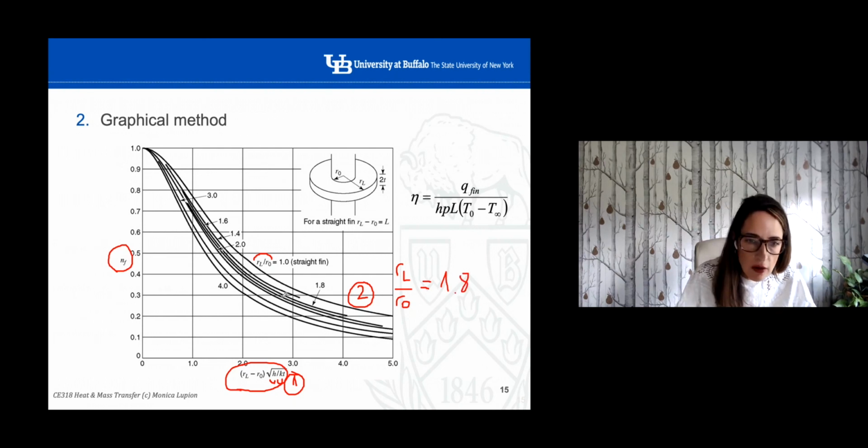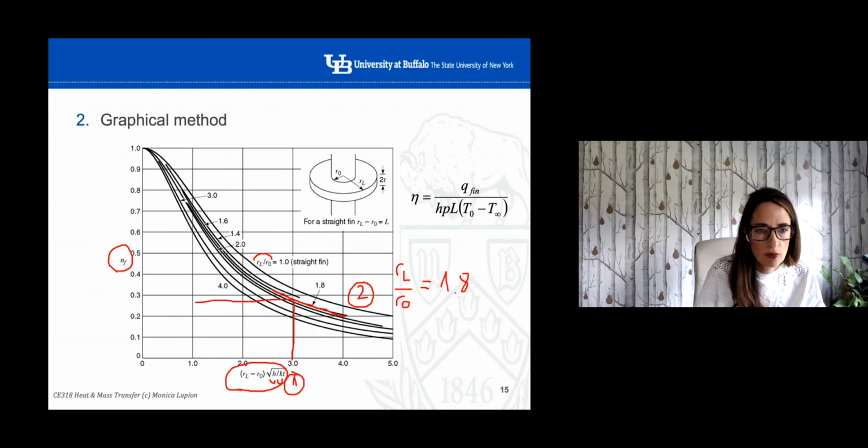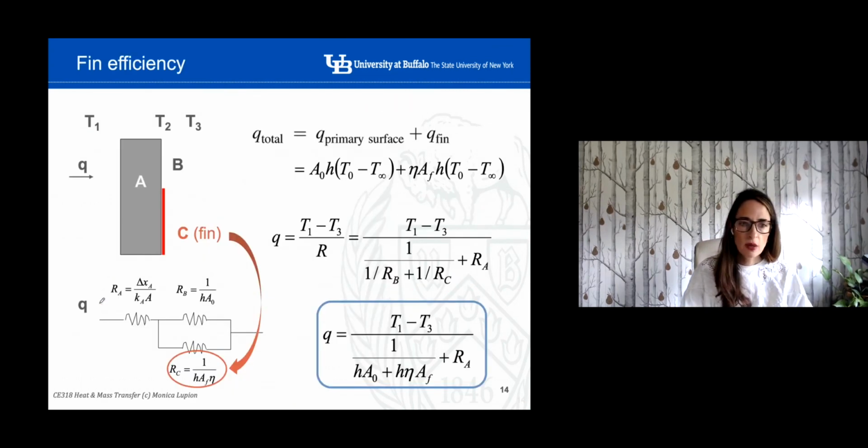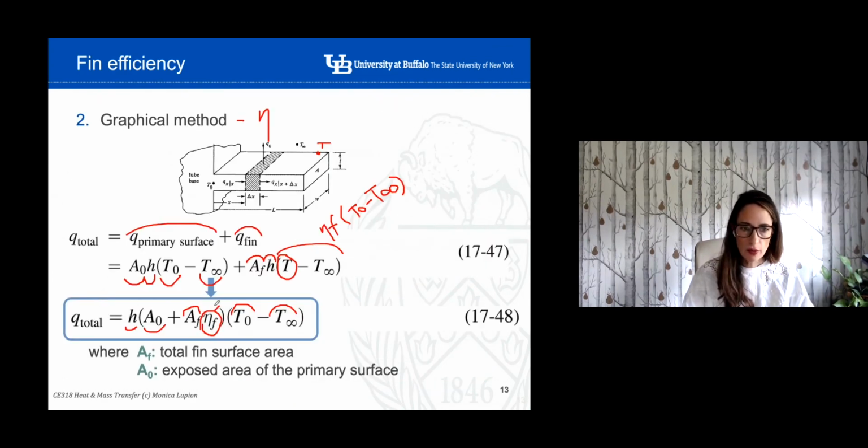So we go to the graph and we're gonna use this line here, which corresponds to 1.8. And let's imagine that the parameter is 3.0. We get here at the intersection, we move to the left, and we get the value of the fin efficiency, for example, 0.28 in this particular example. With this value, we get back to the equation here, and we will be able to calculate the total heat in a very easy way.